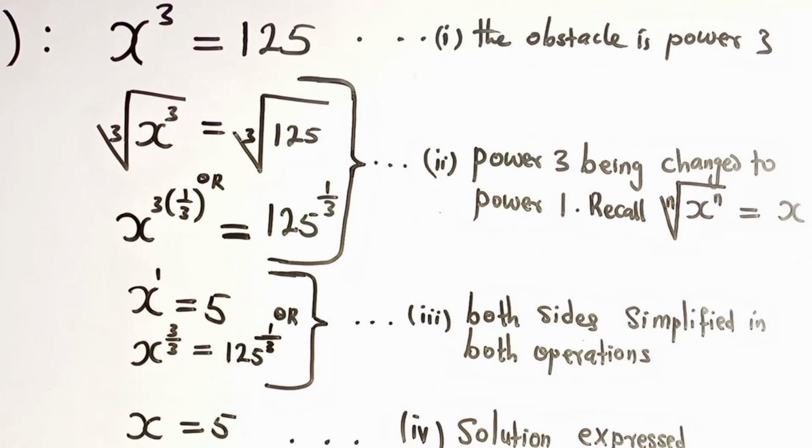Next will be the second method. That second method is by use of the multiplicative inverse of the power. This is the power of 3. We are going to multiply that 3 by its inverse. Its inverse is 1 over 3.